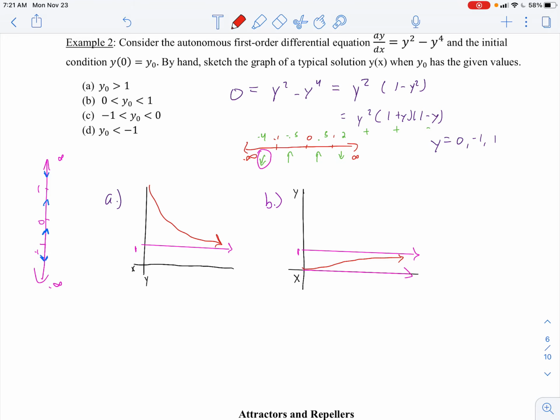All right, let's do C. It's going to be very similar, but now there's x, this is y, and this is 0, this is negative 1.